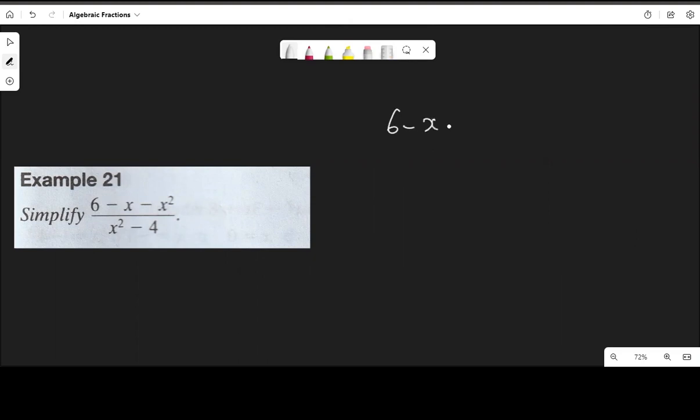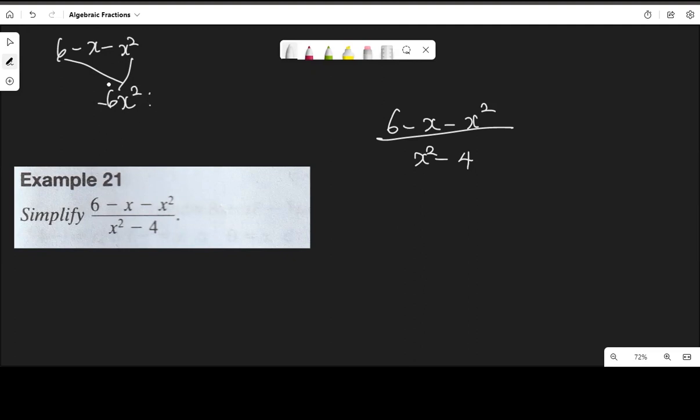(6 minus x minus x squared) over (x squared minus 4). Let's factorize both the numerator and the denominator. If I have to factorize this numerator, let's do that separately. If I have 6 minus x minus x squared, to factorize this, first of all multiply the first term by the last term, which gives me negative 6x squared.